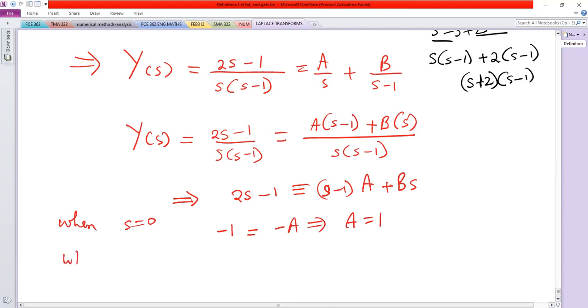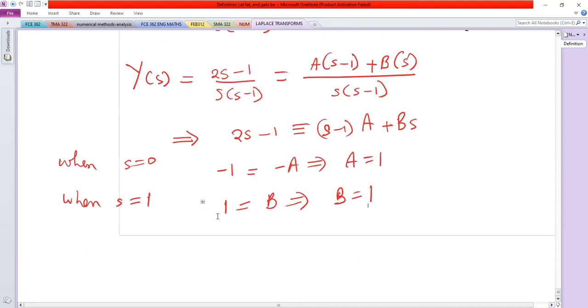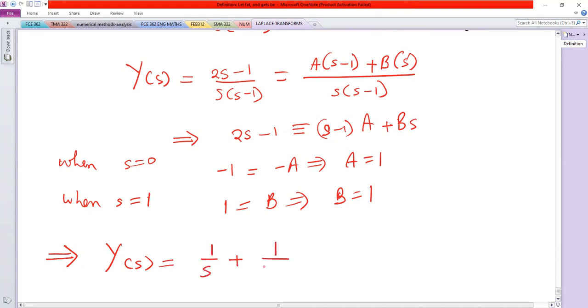And when s is 1, to get 0 at this part, we have 2 minus 1, which is 1. 1 times b is b, so b is also 1. Therefore, capital Y of s would be given by 1 over s plus 1 over s minus 1.